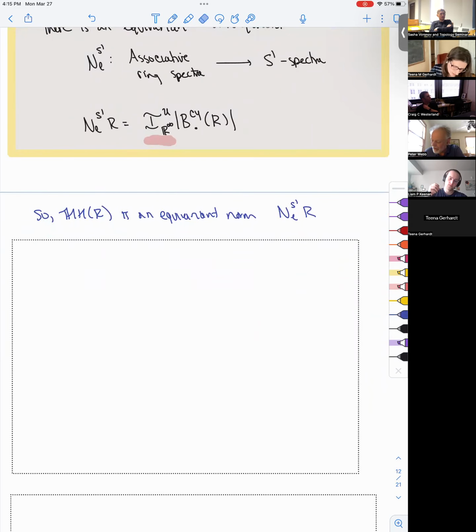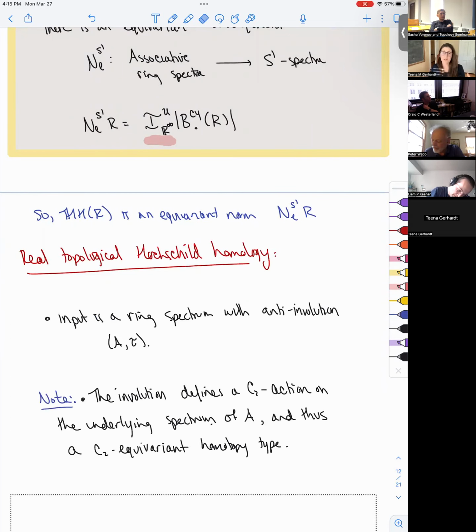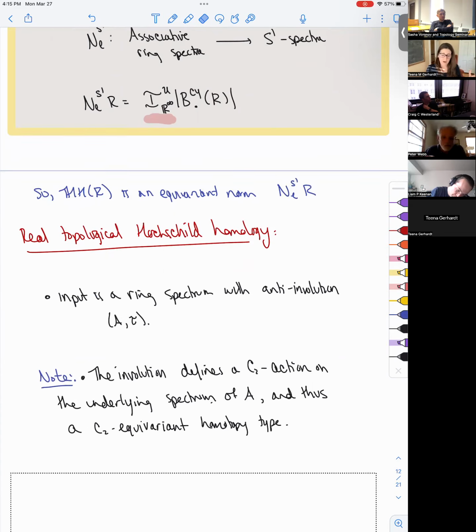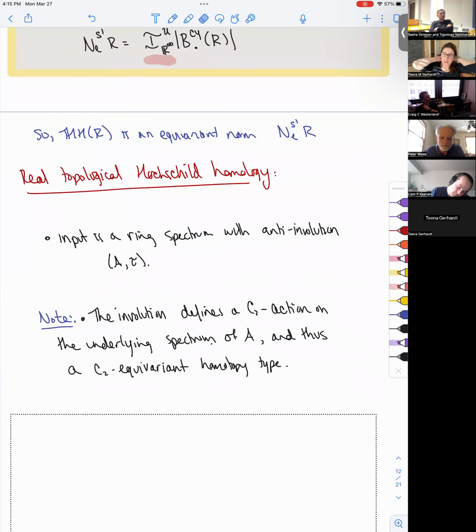Okay, so I want to think about what this has to say about real topological Hochschild homology. So we've been talking about THR, and I want to try to think about a norm perspective for THR. Remember, for THR, the input should be the same as real algebraic K-theory. So the input is supposed to be a ring spectrum with anti-involution. I'm trying to translate things into equivariant homotopy theory because that's where these norms are about equivariant objects.